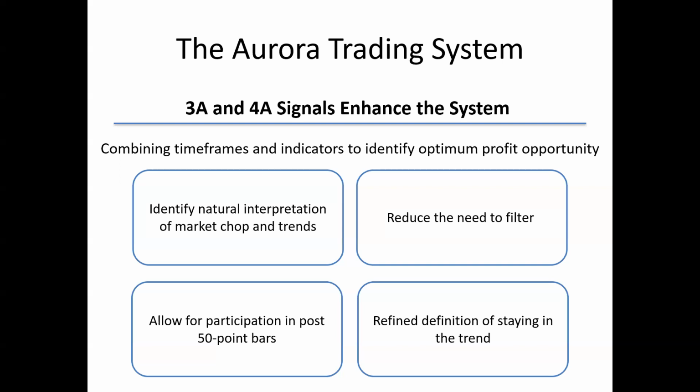One of my frustrations in the PB3, PB35 in particular, is that we miss out on some post 50-point bars. Now, I think we make the right choice about filtering out trades following a 50-point bar on a 3-minute chart, but there are so many opportunities where, following those 50-point bars, there are big 30, 40, 50-point trend opportunities.